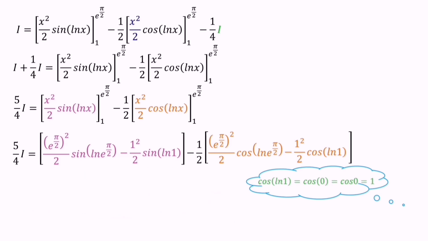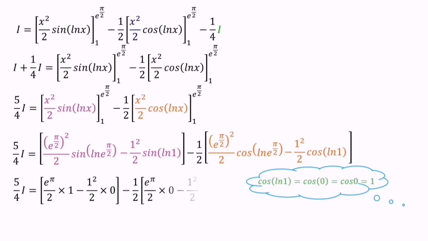Now we can write 5 over 4 times I equal to e to the power of pi over 2 squared into 1, minus 1 squared over 2 into 0, minus half times e to the power of pi over 2 squared into 0 minus 1 squared over 2 into 1.